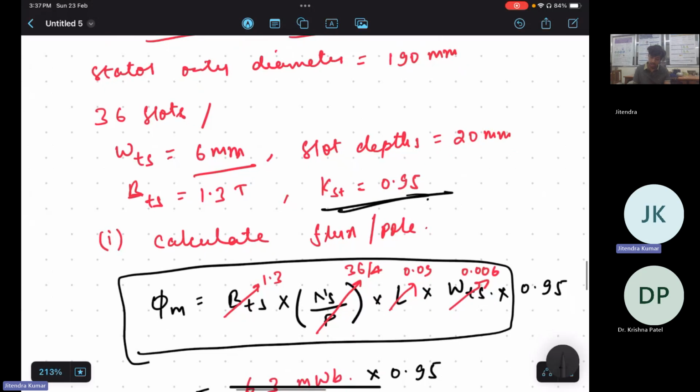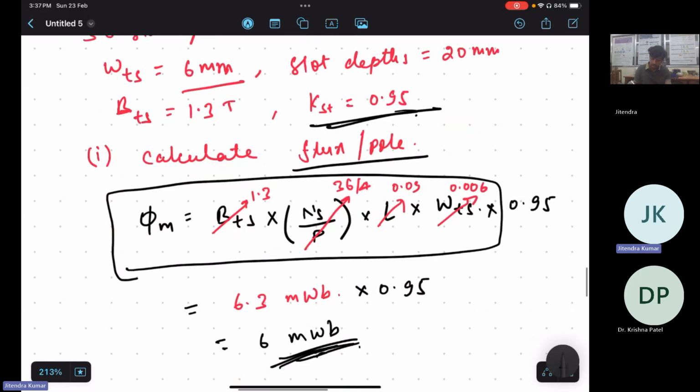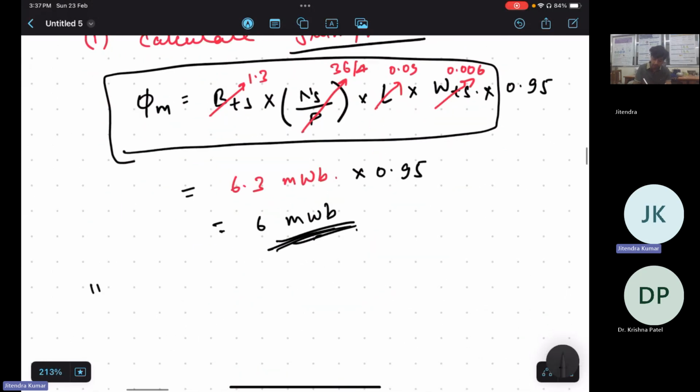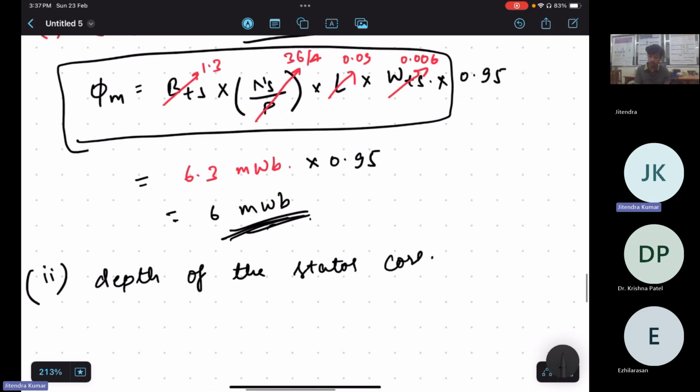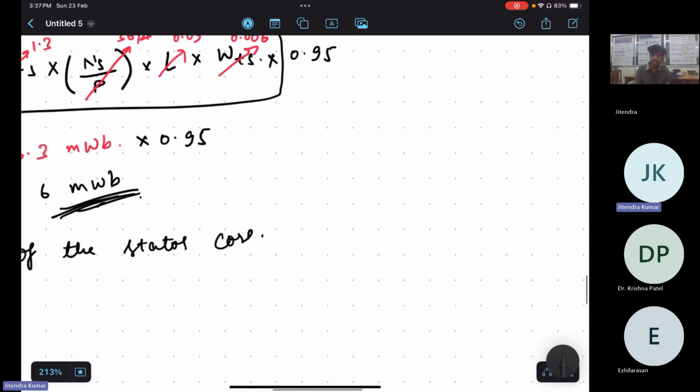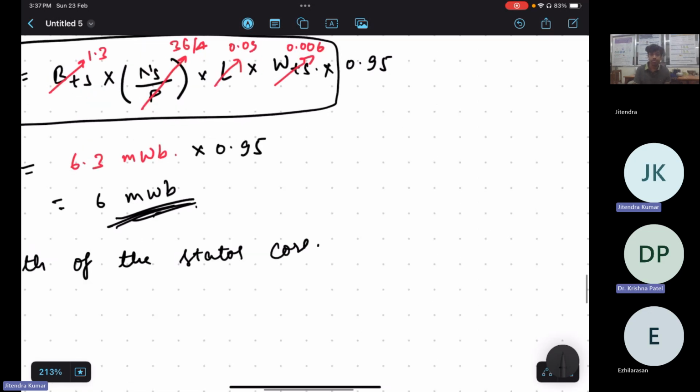So the first part we have done, flux per pole. The second part is we have to calculate the depth of the stator core. I hope you can visualize.